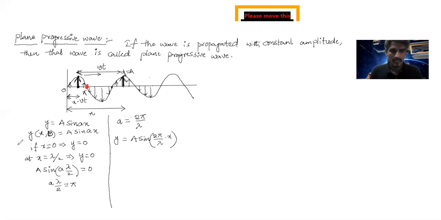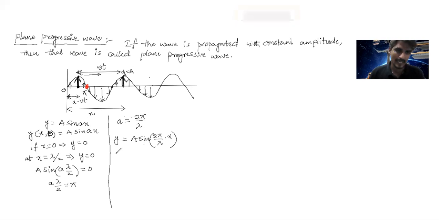Now let us consider that this is the y position actually, whether it may be maximum or anything, any position. Again, the same position can be achieved at what distance? Again, the same position can be achieved at x minus vt distance. Am I right or not?